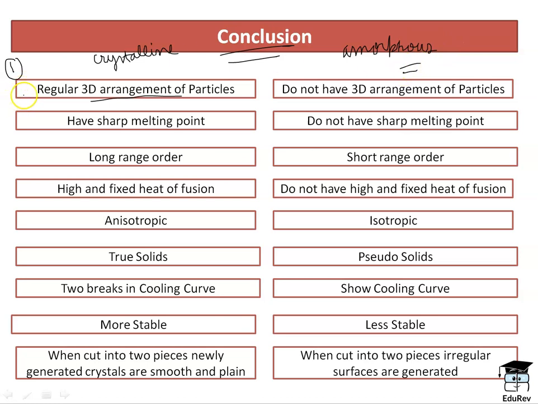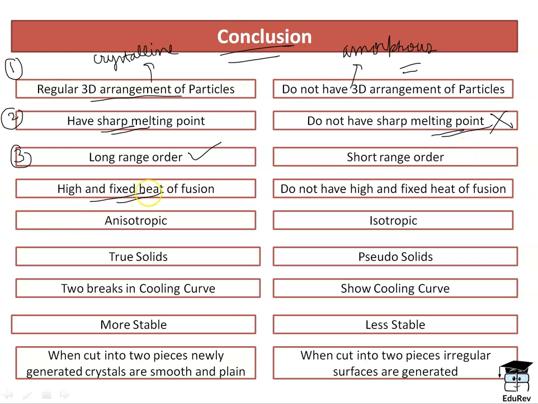The first point was that a regular 3D arrangement of particles was there in crystalline solids, and amorphous solids did not have a regular 3D arrangement of particles. The second point was crystalline solids have a sharp melting point, amorphous solids do not. Crystalline solids have long range order, whereas amorphous solids have short range order.